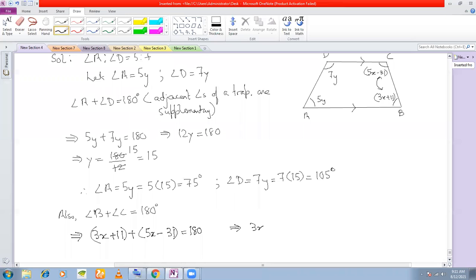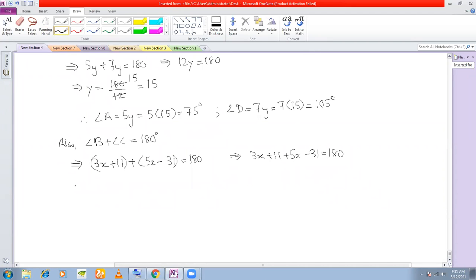So now open the brackets. Add up. 3x plus 5x will give you 8x, and 11 minus 31 will give you minus 20. So 8x is equal to 180 plus 20, which is equal to 200. 200 divided by 8.